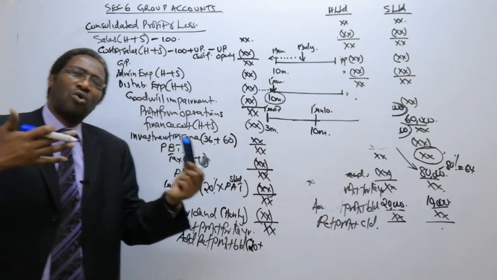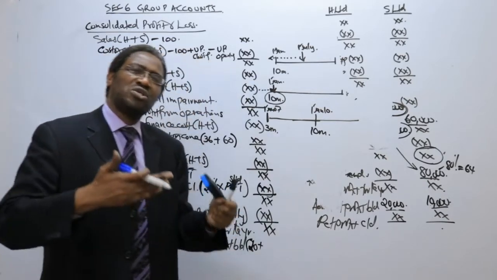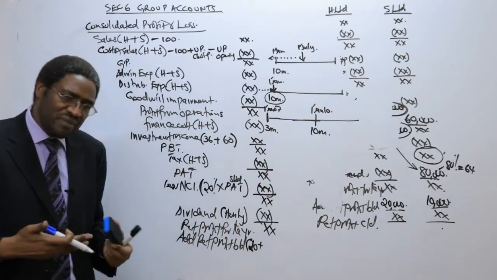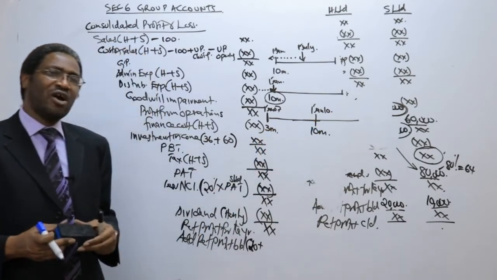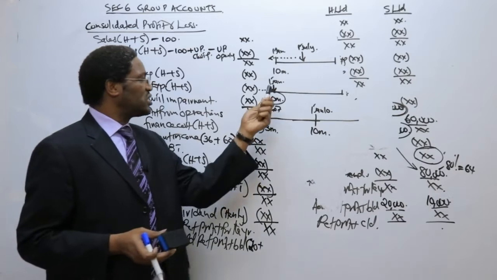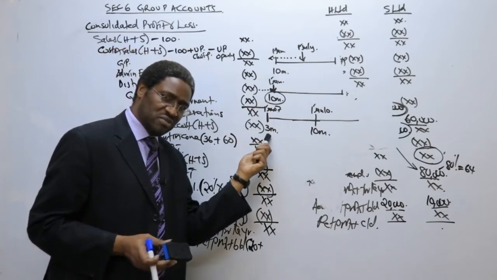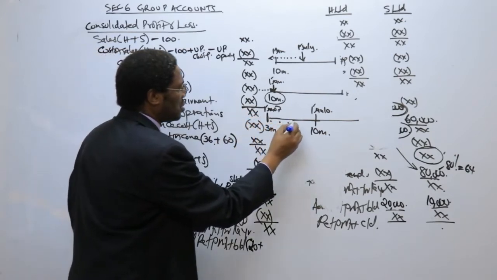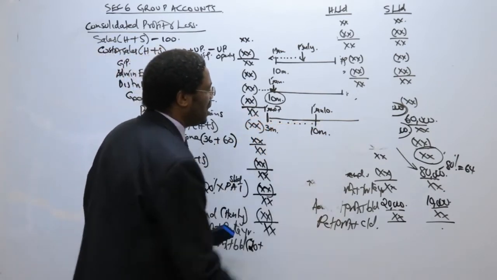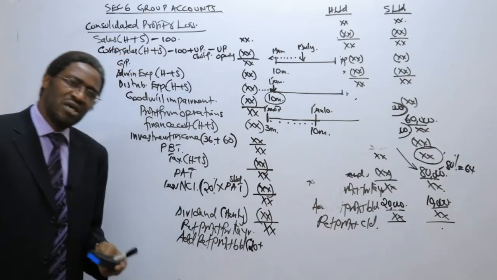And so we concluded by saying, because I was there at that time, when they have a retained profit of 10, I was a shareholder. When I acquired that subsidiary company, their retained profit that time was 3 million. These guys continued retaining up to the beginning of the year. They have so far retained 10 million.